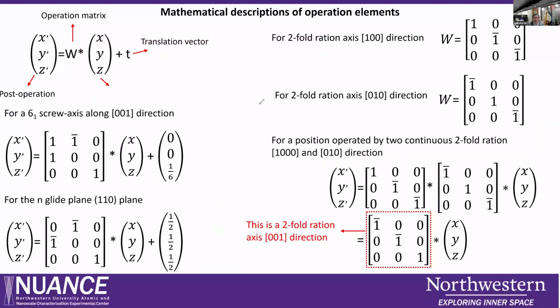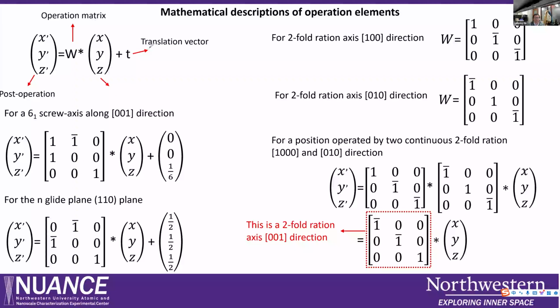Okay, now I want to show you how to label these operation elements, for example, their mathematical descriptions. Like x prime, y prime, z prime is our post-operation position, x, y, z is the original, and T is a translation vector.